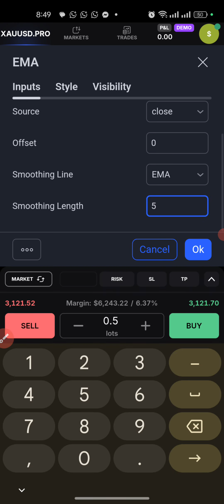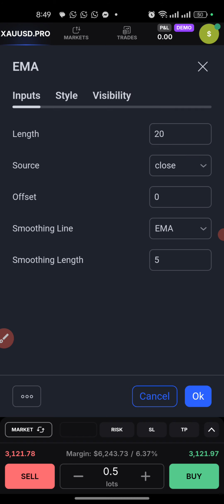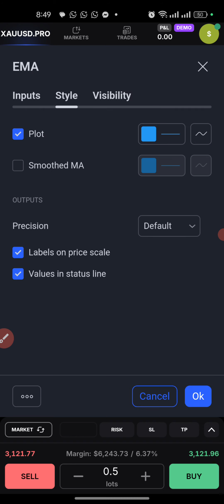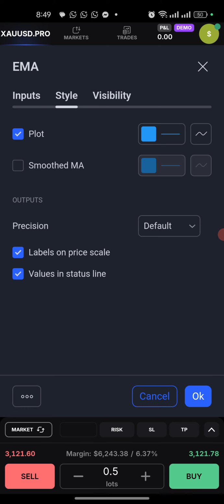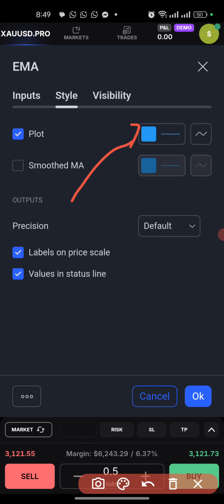So I go back to the settings for the first one. You decide what color you want to use for your EMA 20. When you come to style, it allows you to adjust the color. This is where you choose what color you want to use. For my EMA 20, I usually like to use white.